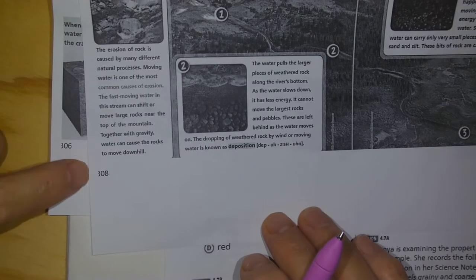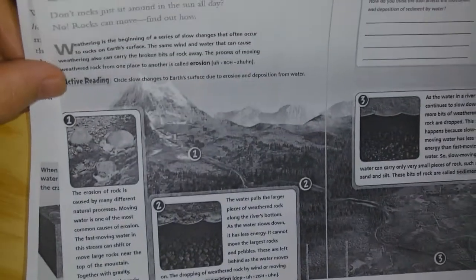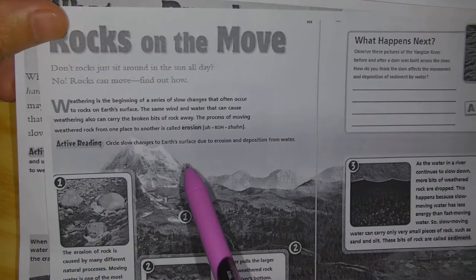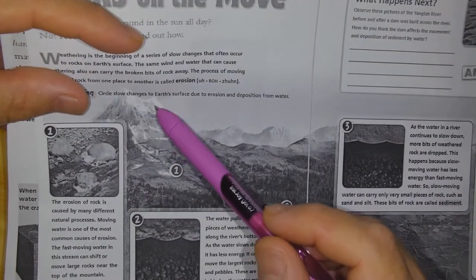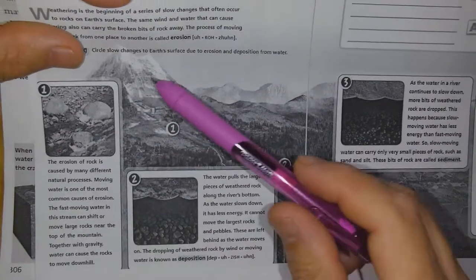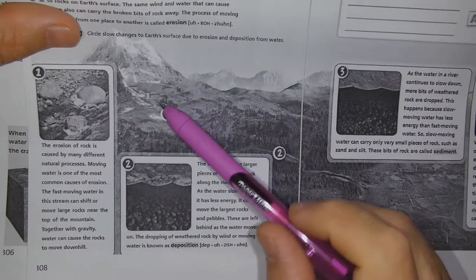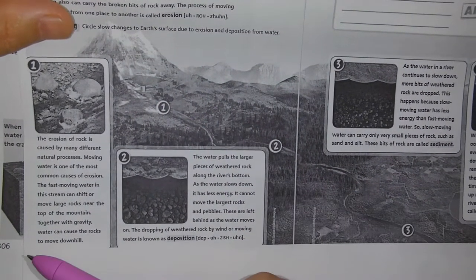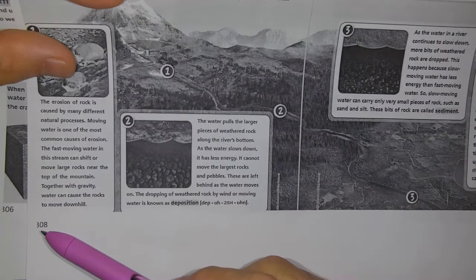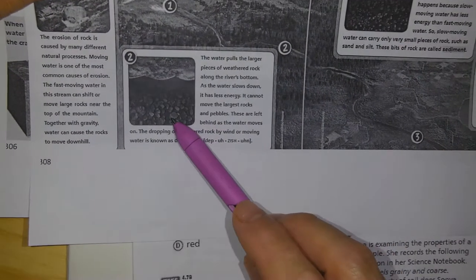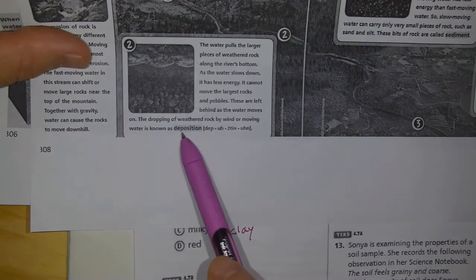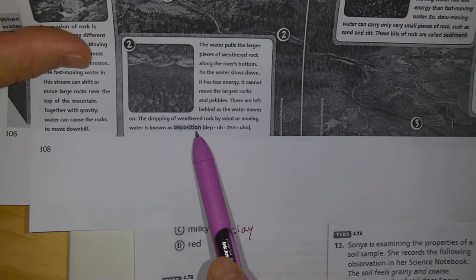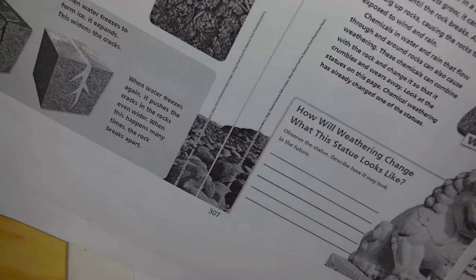Okay, this is page 308. It's called Rocks on the Move. See the mountains, here ice on the top, the rain breaks the rocks and moves them. When the river brings the little pieces, they call it deposition.